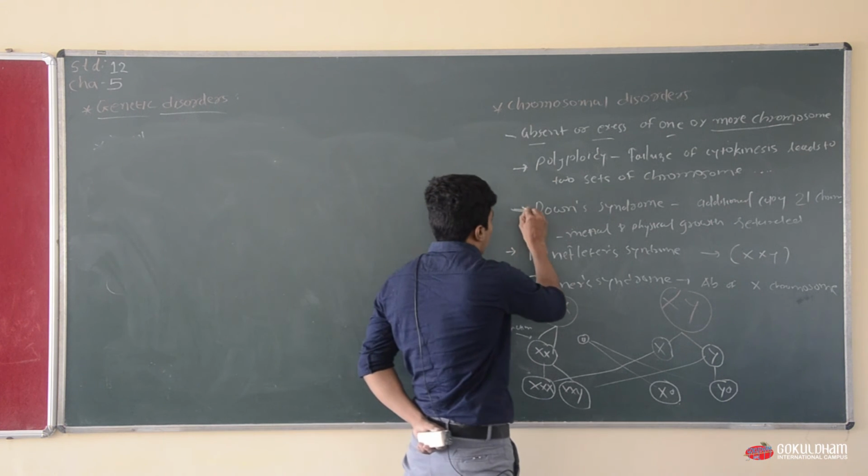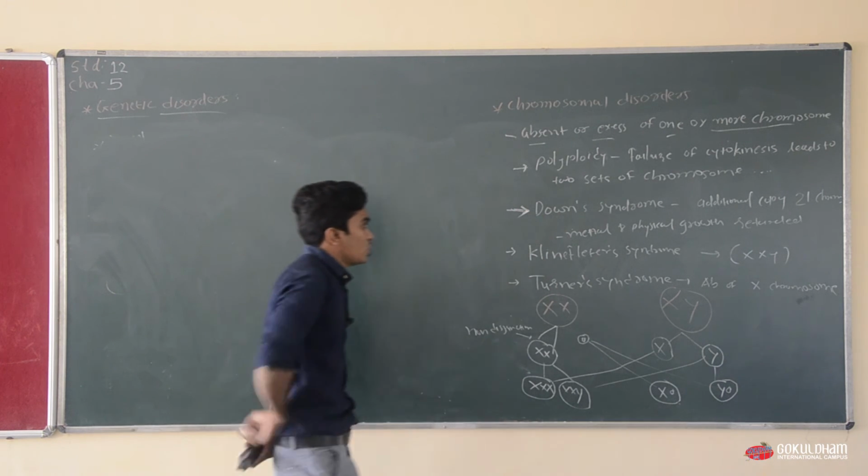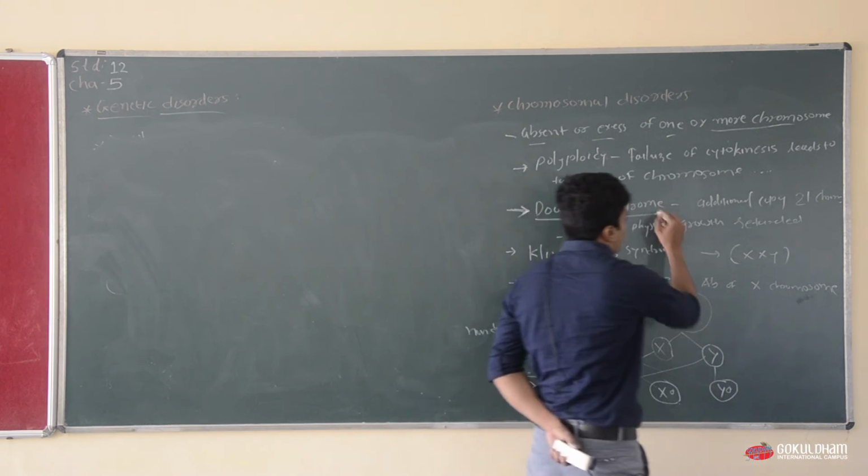Now let's see the different kinds of chromosomal disorder. First disorder is Down syndrome.